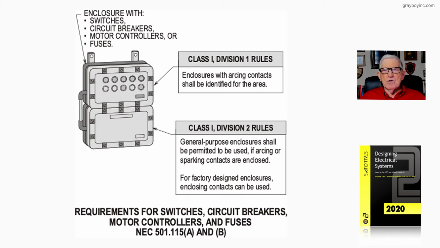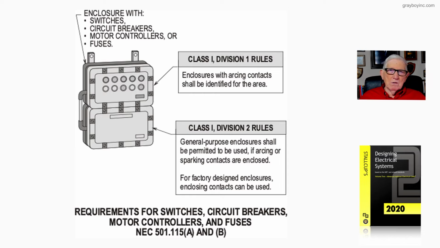These enclosures with arcing contacts should be identified for the area. So this is an explosion-proof enclosure, or an enclosure that's purged and pressurized. And of course, intrinsically safe has too low of an energy output to be used here, in Article 504.